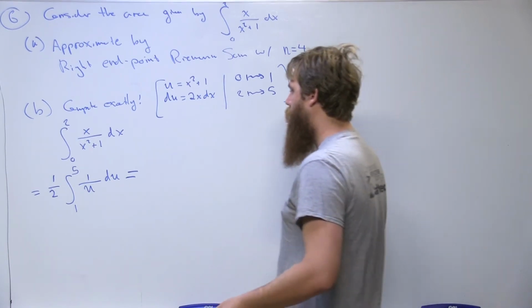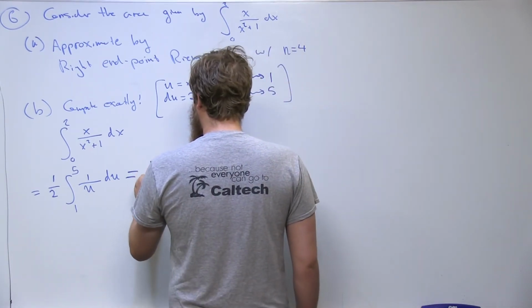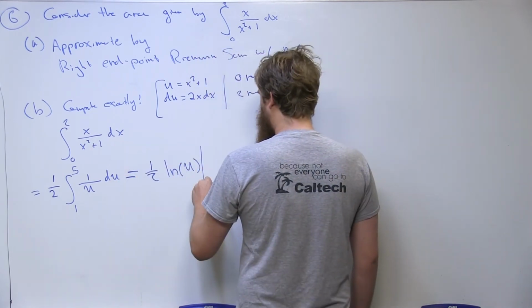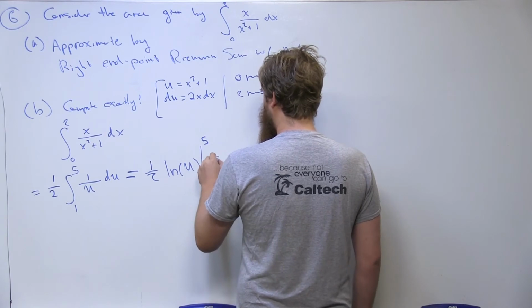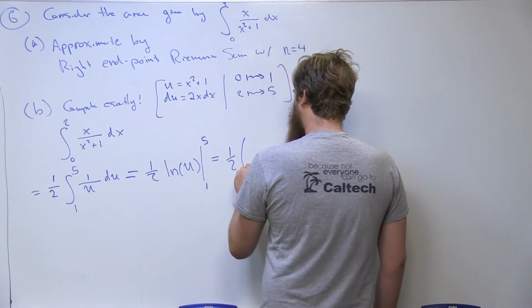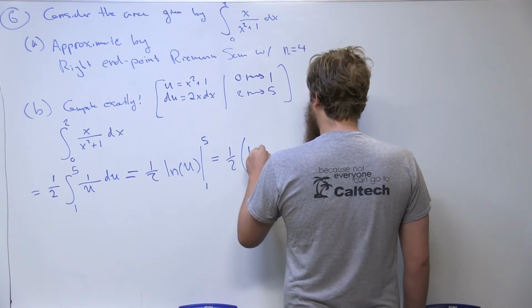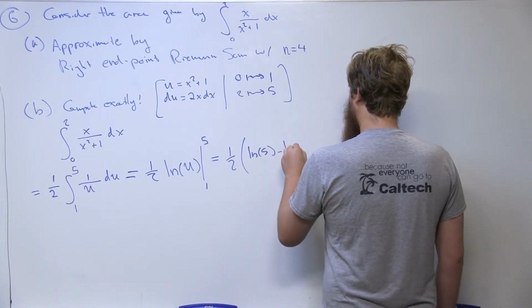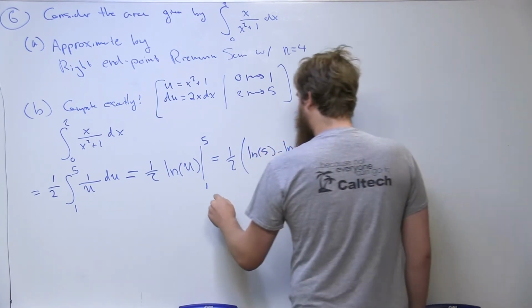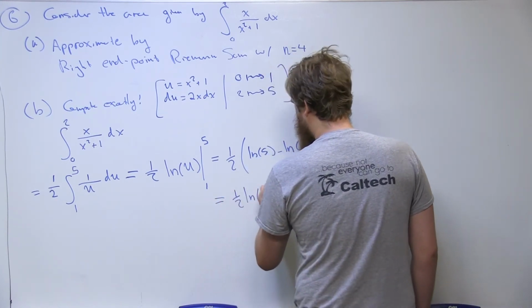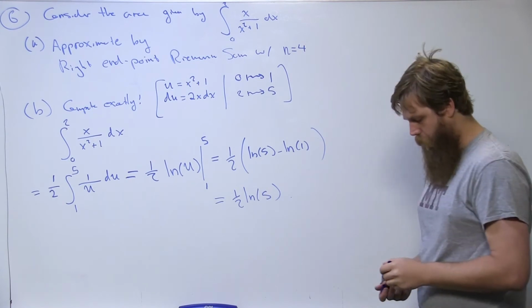An antiderivative for that is the natural log of u, which we must evaluate between u equals 1 and u equals 5. I'll leave my 1/2 out front. We get the natural log of 5 minus the natural log of 1. But log 1 is 0, so this is 1/2 log 5, or log square root of 5 if you prefer.